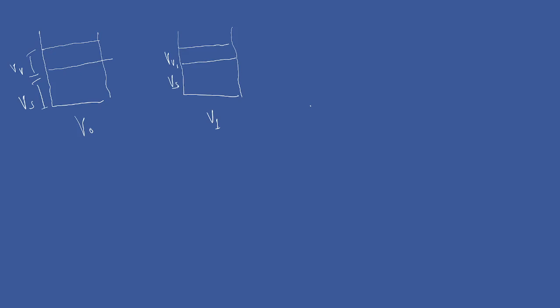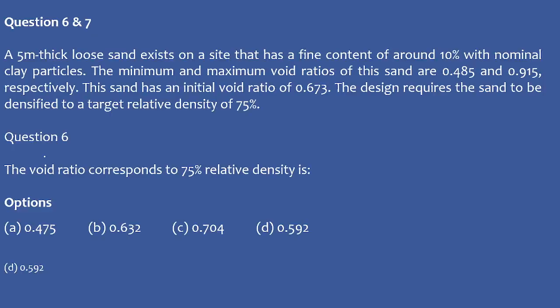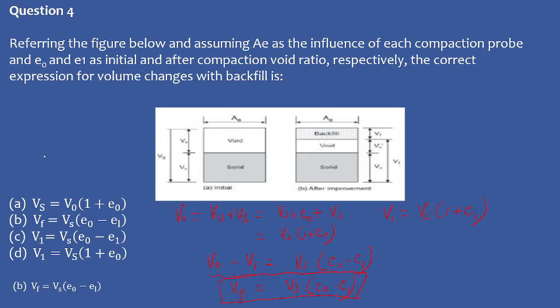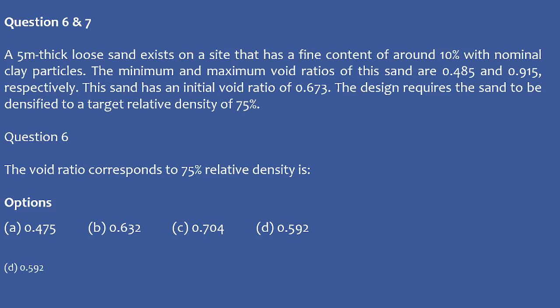The volume of solids will be the same, the volume of voids will change. So from the previous expression which we calculated, the change in volume is equal to Vs times E0 minus E1.